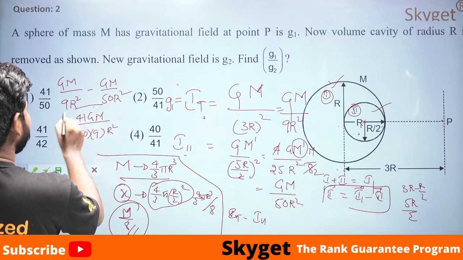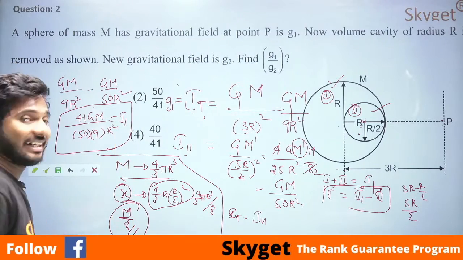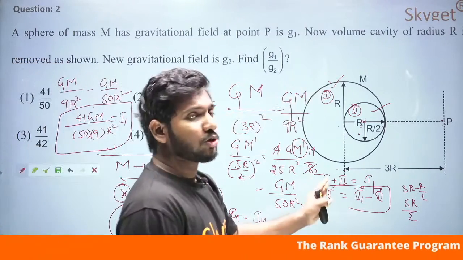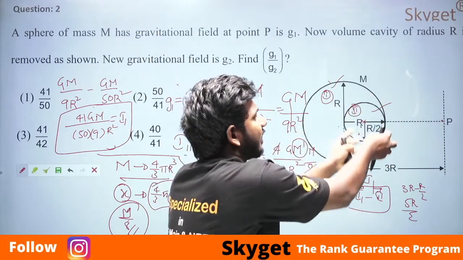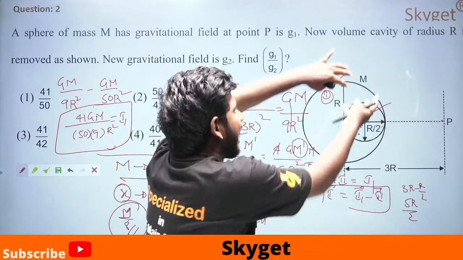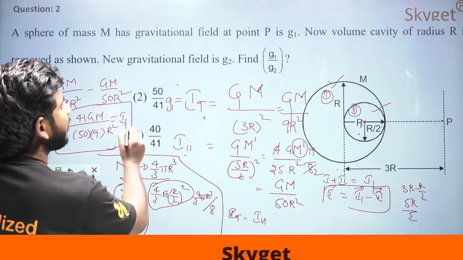This is the remaining part, that is I1, the intensity due to this remaining portion, because what did I do? Entire sphere intensity at this point minus removed part intensity at this point, I got the remaining part intensity, that is I1.